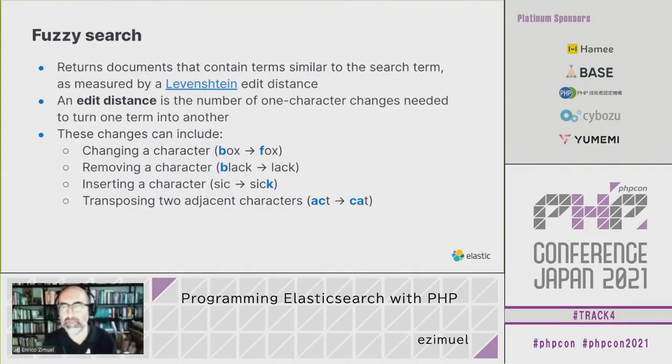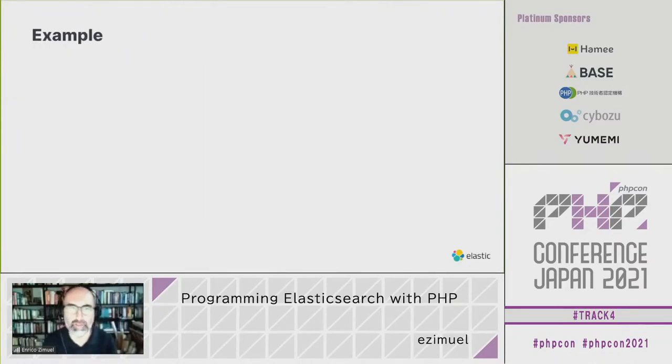The same idea is using the fuzzy search. So we want to create a search system in our website, for instance, that provides results even if the user didn't spell correctly the name of the product or the document that you want to search. So this is a very cool feature, actually.